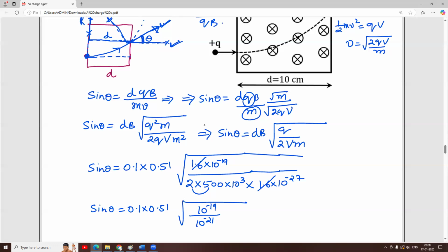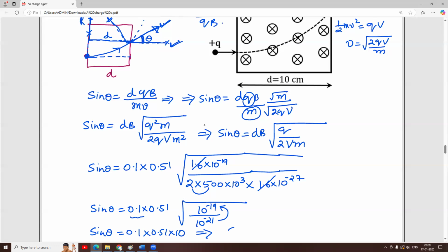Finally, this will become 10 to the power plus 2, because plus 21, this one goes to the numerator, plus 21 minus 19, plus 2. Root is 10 to the power 1, that means into 10. Into 10, 0.1 will become 1. So sine theta is 0.51 into 1.